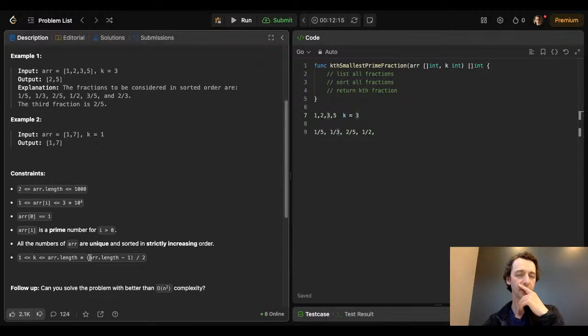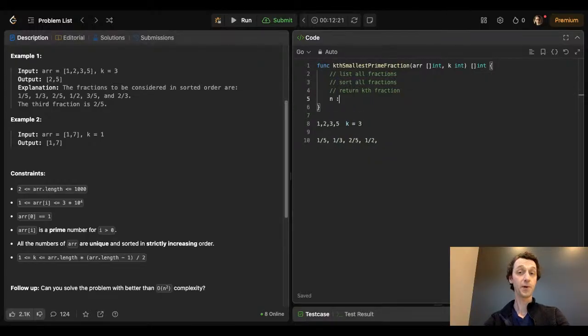This is sort of n squared. Let me write a line, that's always helpful. So k can go up to n squared.